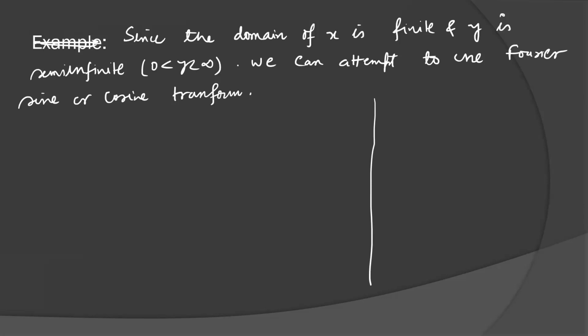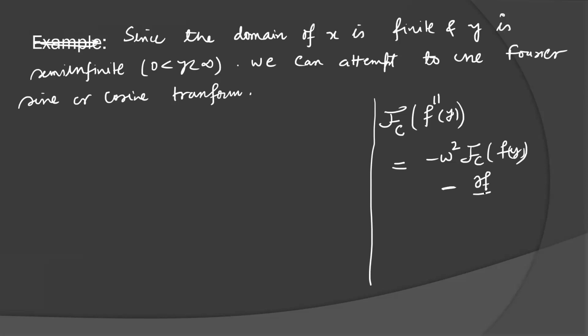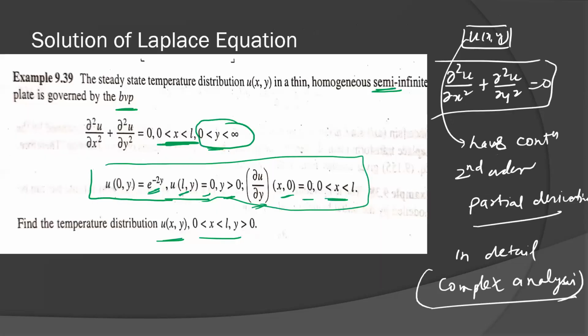If you remember, the Fourier cosine transformation of any function, taking with respect to y, is given as minus omega square times the Fourier cosine transformation of f(y), minus del f by del y at y equal to 0. So this is a very useful result because del f by del y is given in the question.